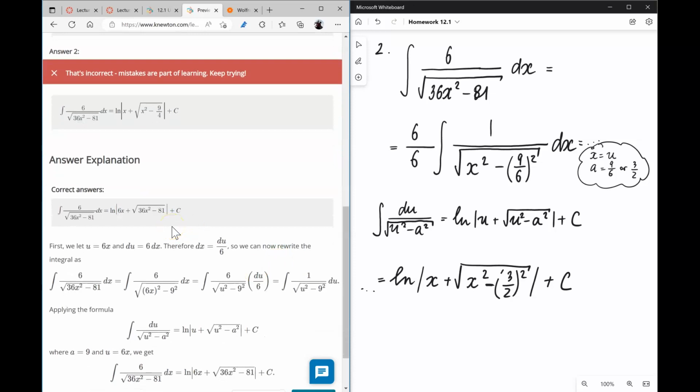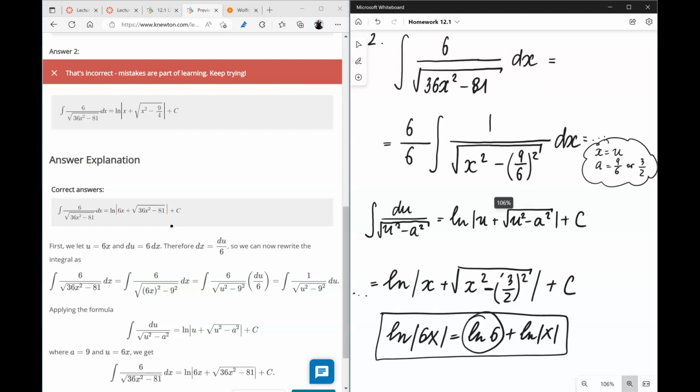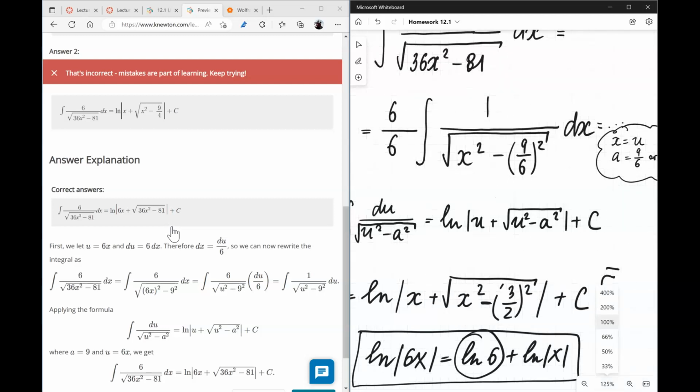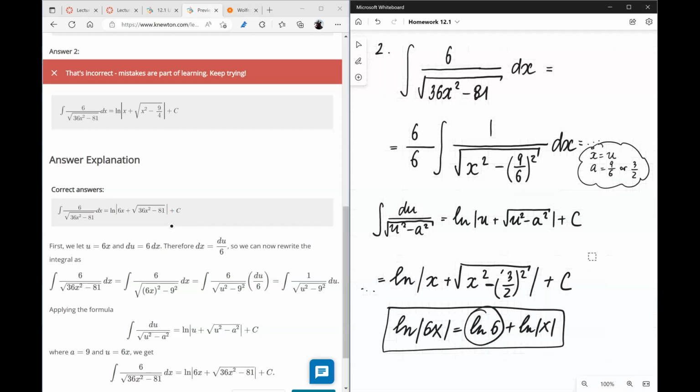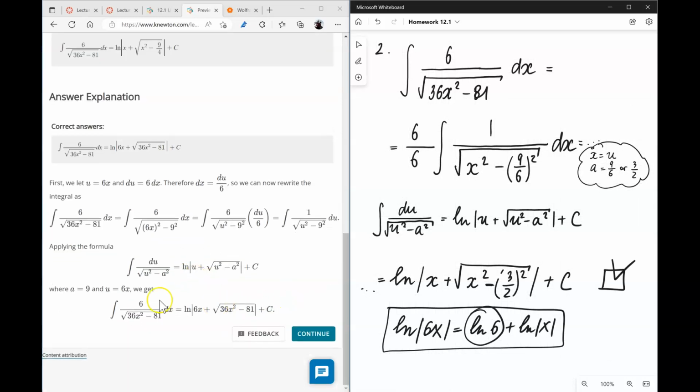The answer that we provided is correct because Newton is actually not taking out the 6. As you know, ln of 6 times something will be ln of 6 plus this, and this can become part of the constant. So our answer is correct. But I am going to reach out to Newton and let them know that their code is evaluating the answer incorrectly.